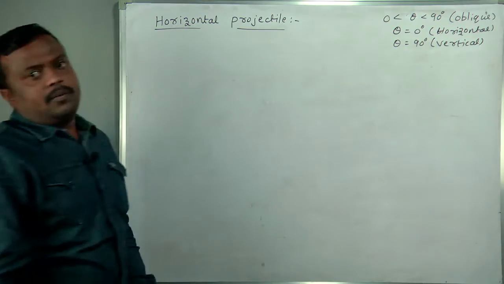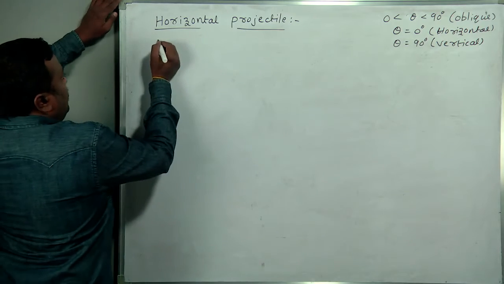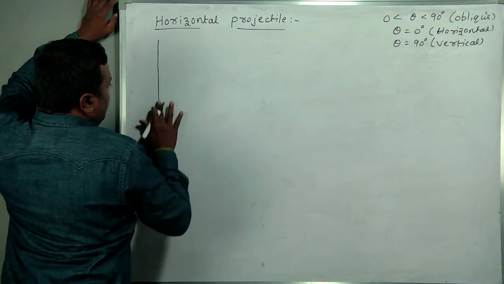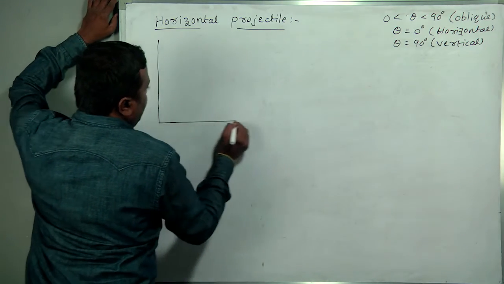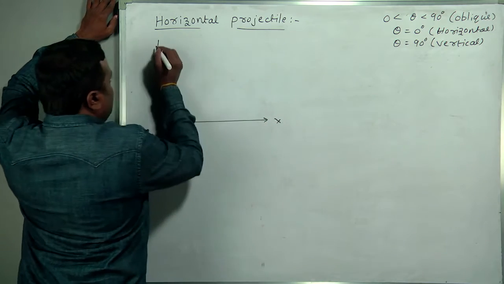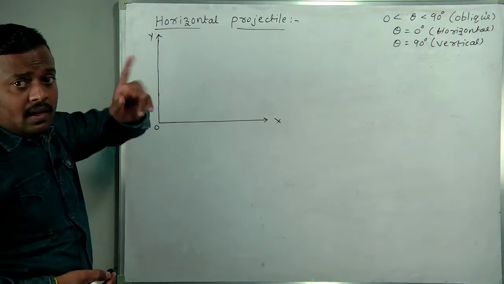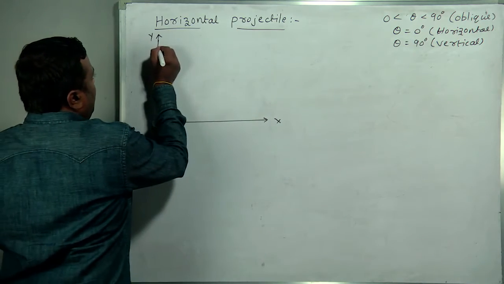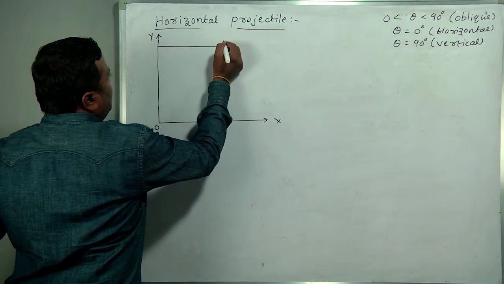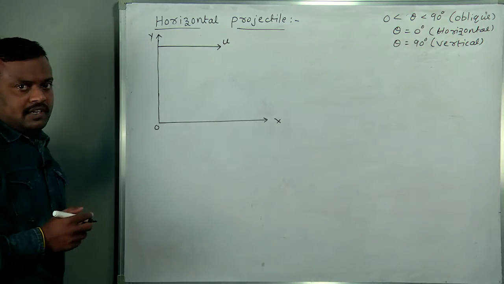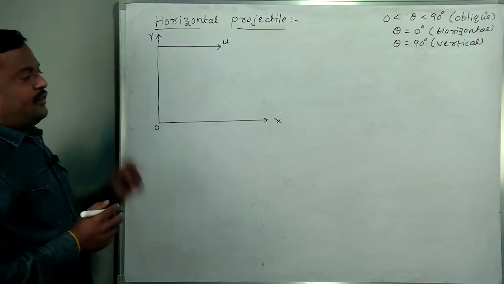Now, horizontal projectile. First of all, this is a two-dimensional coordinate system, x-axis, y-axis, origin O. Along the horizontal, one body is projected with an initial velocity, from a certain height from the ground.